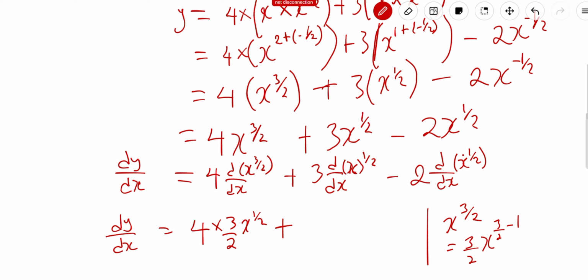Plus, this is going to give me 3. And if I differentiate x to the power of 1 over 2, I'm going to have 3 into 1 over 2 x to the power of negative 1 over 2.